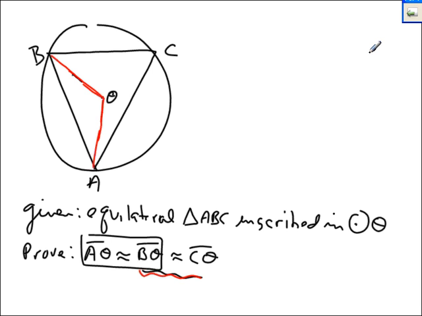Now, what I do know is that BA is congruent to CA, which is congruent to BC. Property of isosceles triangles. This and that, same lengths.